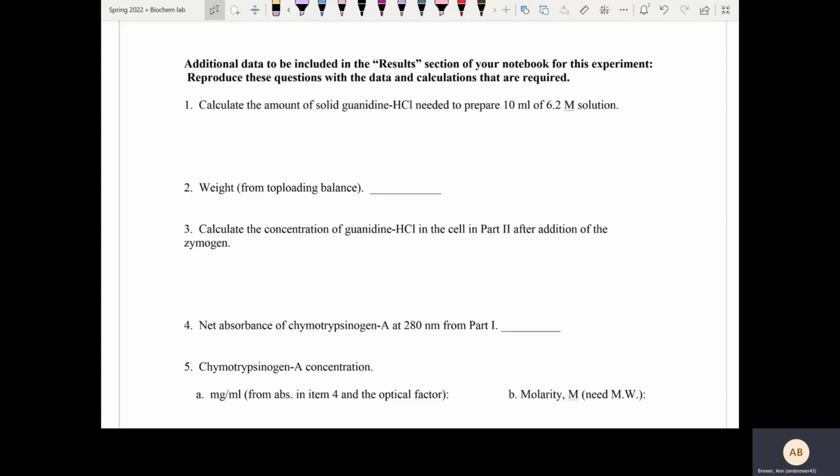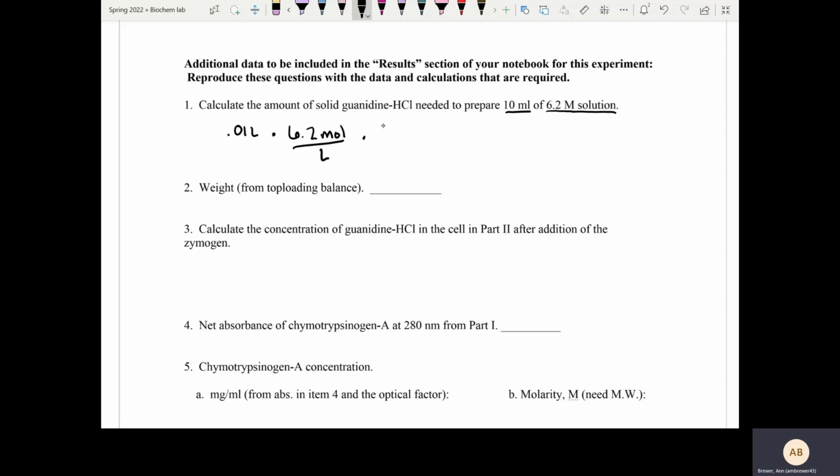So the first question asks us to calculate the amount of solid guanidine HCl needed to prepare 10 milliliters of the 6.2 molar solution. So first we'll convert 10 milliliters to liters. So 10 milliliters will equal 0.01 liters. Then we'll multiply by the 6.2 moles per liter, which comes from the 6.2 molar solution.